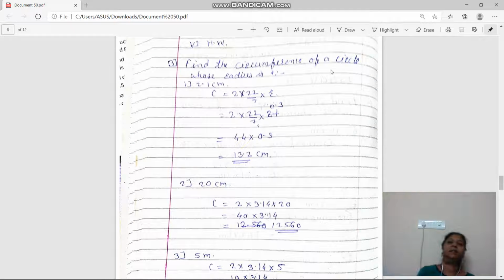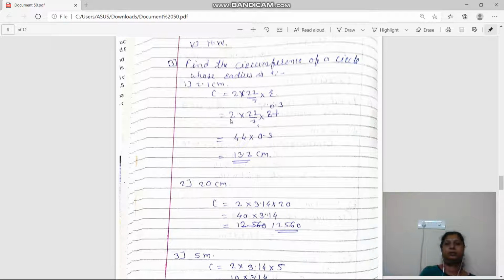Find the circumference of a circle whose radius is given. Now we have to take the formula according to radius. What is the formula according to radius? C is equal to 2 multiplied by 22 upon 7, otherwise you can take 3.14, multiplied by radius r.